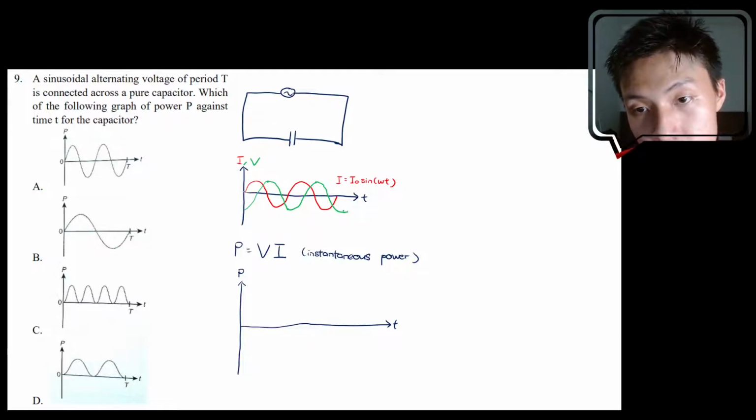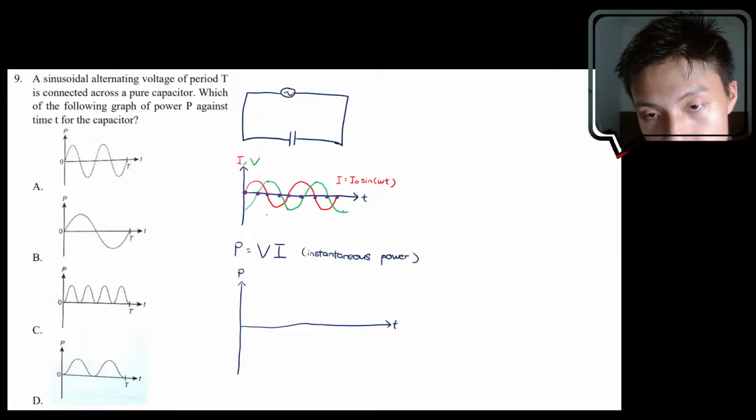Okay, so this moment should have zero power, and so on for each of these moments. Okay, so you can go down and draw the 9 lines by yourself.